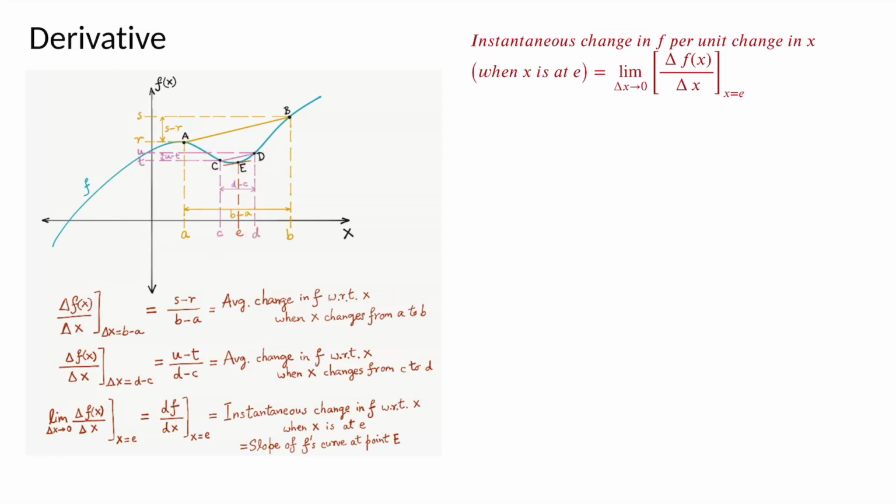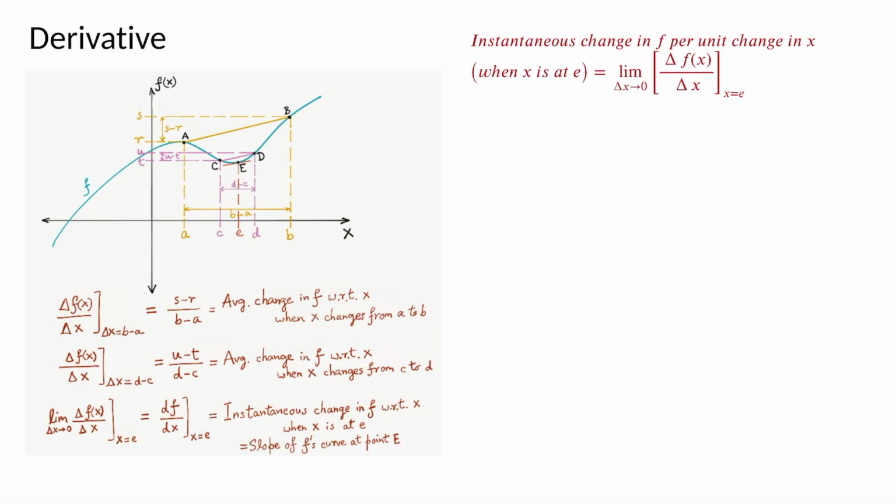If we look at delta f by delta x as x changes from C to D, we get another coefficient, which is U minus T divided by D minus C. That is the difference on the y axis divided by the difference on the x axis. That would be the slope of this secant CD, and that would be the average change in f with respect to x when x changes from C to D.